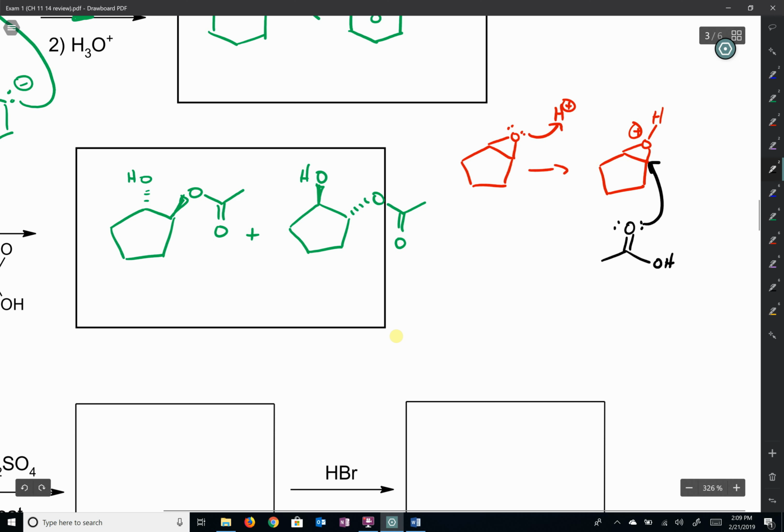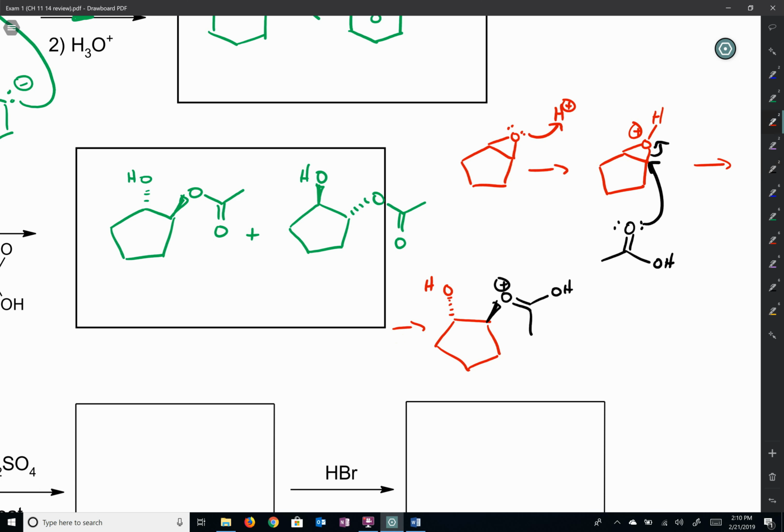This oxygen here is actually going to end up doing the heavy lifting, so to speak. And it's a great question as to why that is. You can figure it out for yourself in just a minute. But let's draw the product of that step. And let me make this dashed here, sorry. Okay, so that's our product after that step.